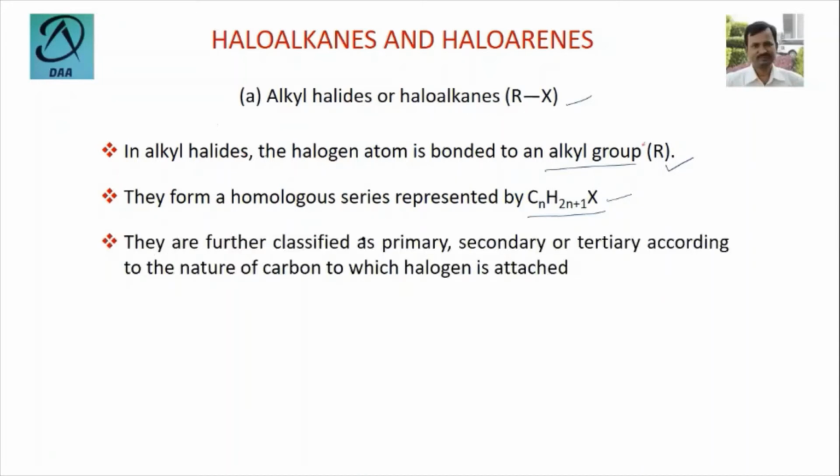They are further classified according to the carbon with which the halogen atom is attached. So on that basis, we can classify it as primary, secondary, or tertiary, according to the nature of the carbon to which the halogen is attached.